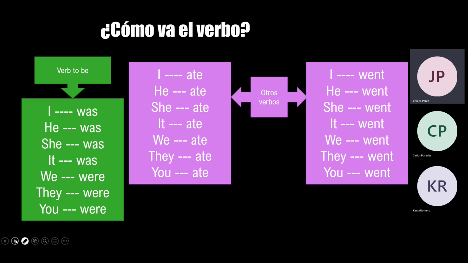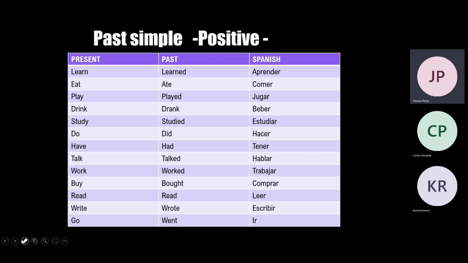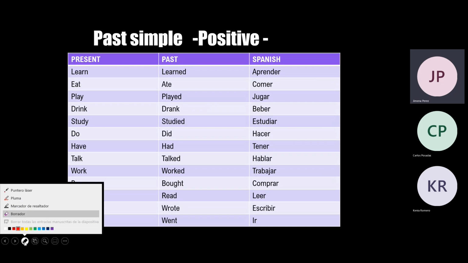Okay, check it next. So we have here a chart of some easier verbs, and some are regular and others are irregular.